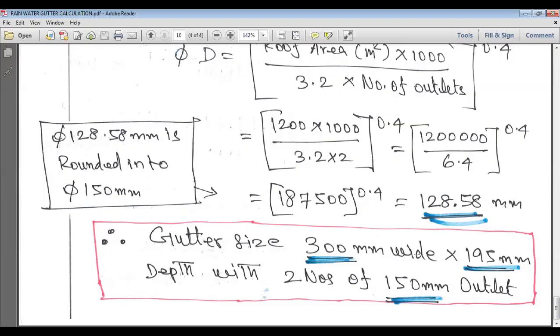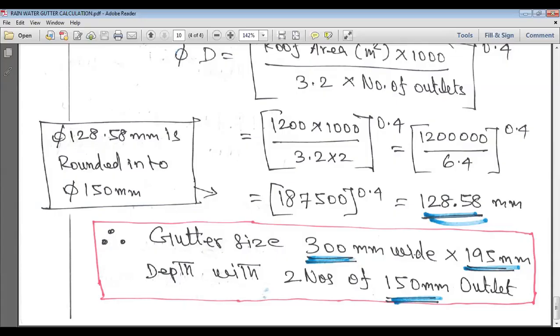Depth should be 2 by 3 of the width. That concept is there: 2 by 3 of the width only should be there. That's why we have to adjust the width. Suppose you are assuming 300 wide and the depth also comes to 300, or some 350, then you have to increase the width to 400 and calculate again. Suppose the answer comes to 225 or 200, you have to accept.